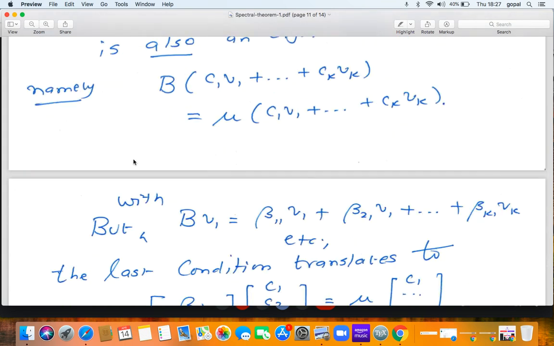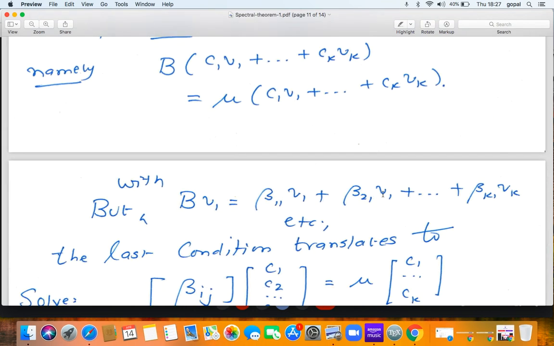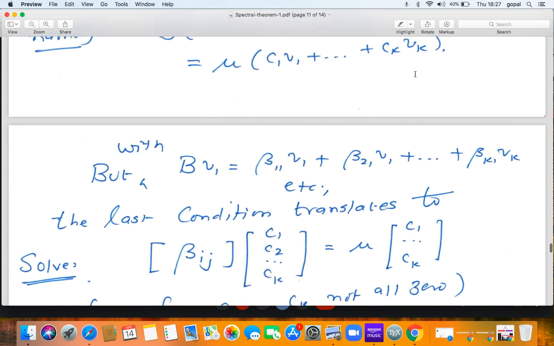But now what do we have? We have to calculate BV1, BV2, BVK. But remember, BV1 was what? Beta 11 V1 plus ... beta 21 V2 plus ... beta K1 VK. Remember? So let's put that down. You'll get the left hand side as a linear combination of V's, and the right hand side also a linear combination of V's. The V's form a basis.